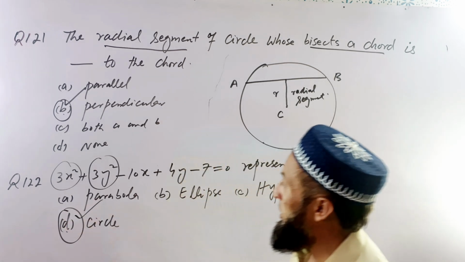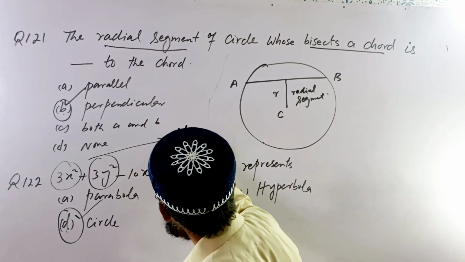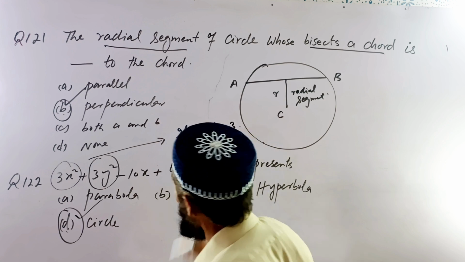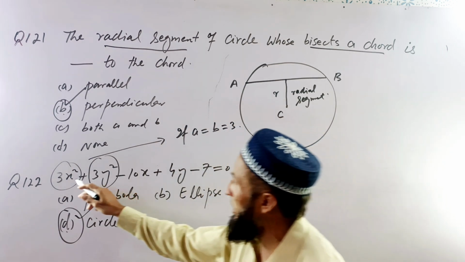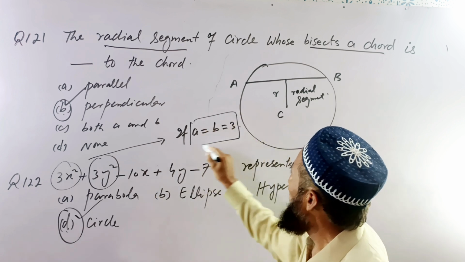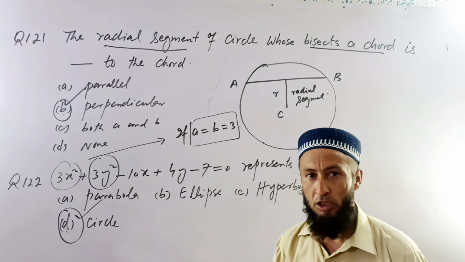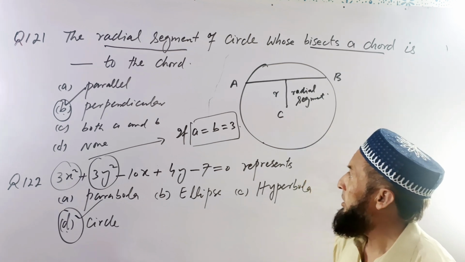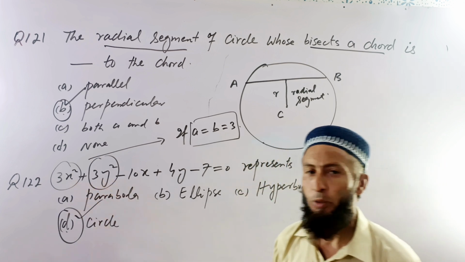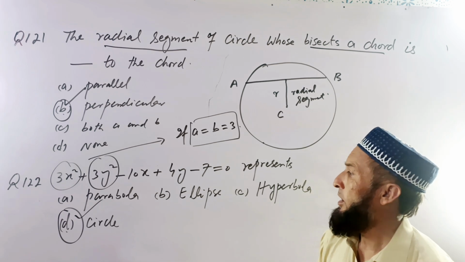So the answer D is the correct option, because we know the property that if A and B are equal, the coefficient of x square is 3 and the coefficient of y square is 3. Both are equal, so it represents a circle. We have already discussed this in the previous video. Please check it.